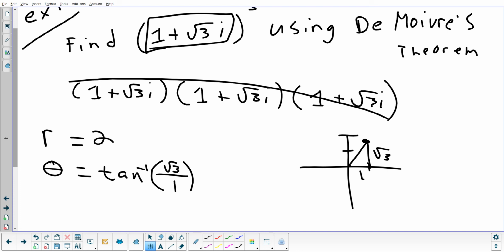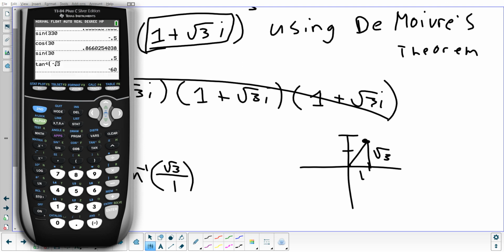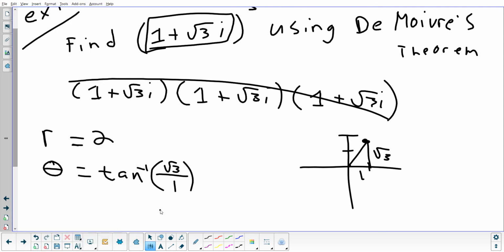So really, it's just the inverse tangent of root 3. And when you do that, you're going to get 60 degrees. You can double check if you need to. But again, that's a common angle because it's a multiple of 30. All right, so there's our angle.